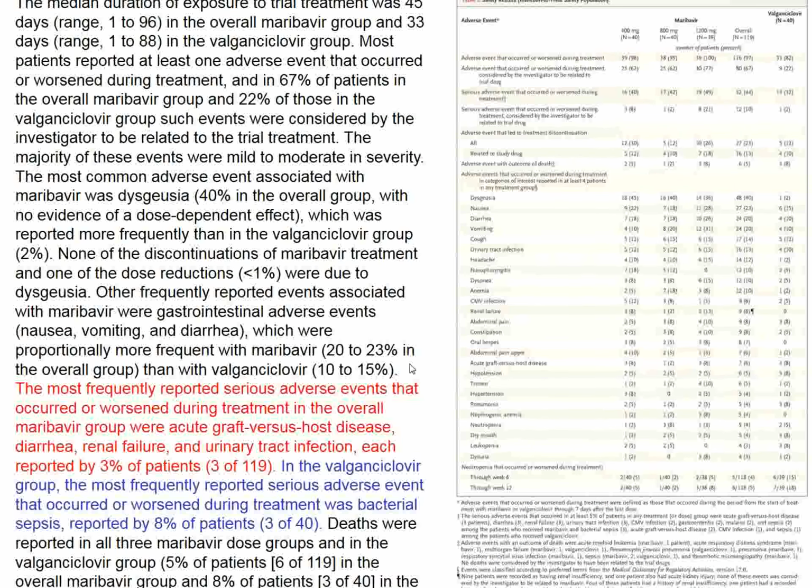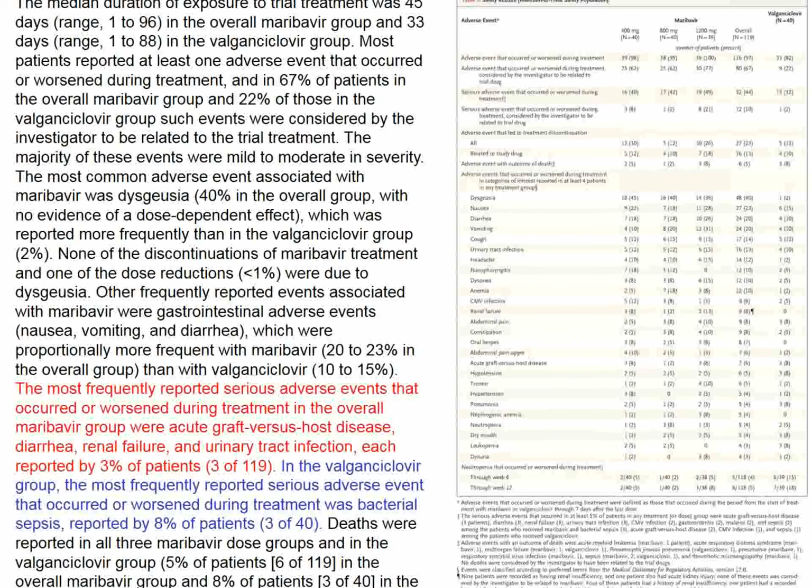There were adverse events. Now, these patients are sick and are at high risk for a number of different reasons, but the most frequent event in the maribavir group was acute graft versus host disease, diarrhea, renal failure, and urinary tract infection.